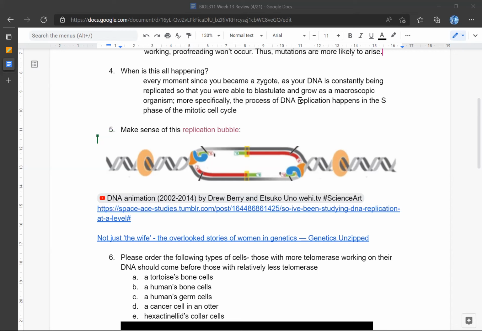The things that stand out to me when I first look at a replication bubble are these guys, or, oh, you can't see my pointer. One second. Okay. Now can you see my guy? Okay. What are these guys?